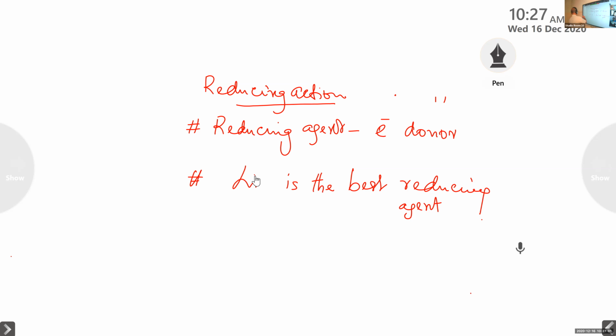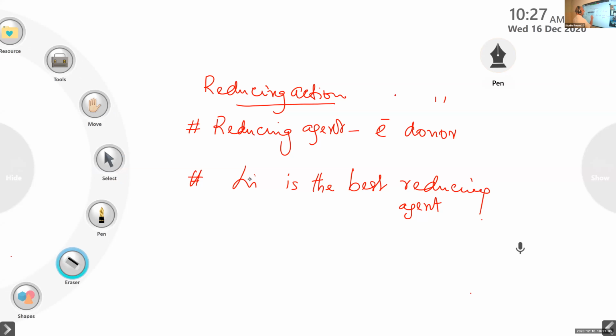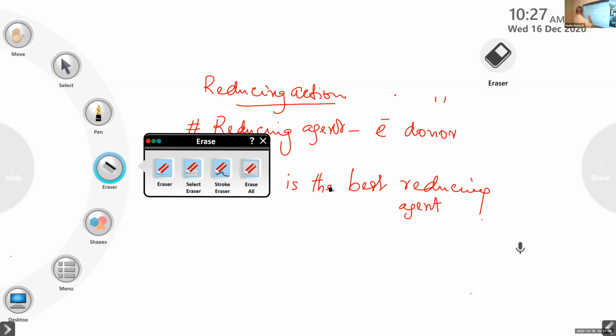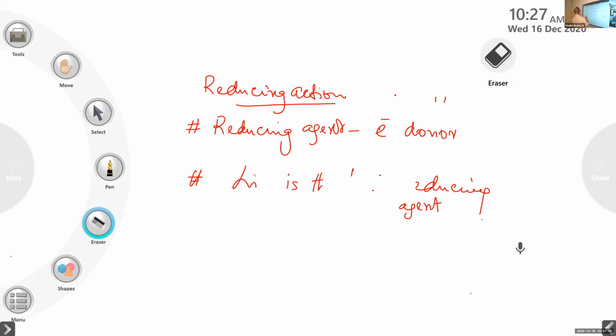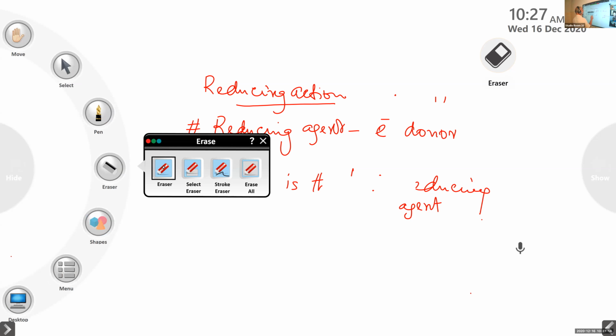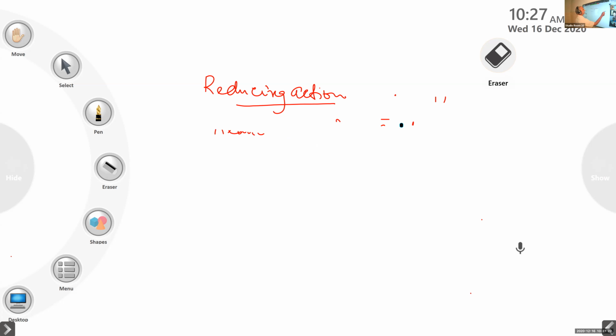Okay, so that's about the alkali metals. Now let us go to the next chapter. What is the next chapter? That is alkaline earth metals. We are dealing with the S block elements.